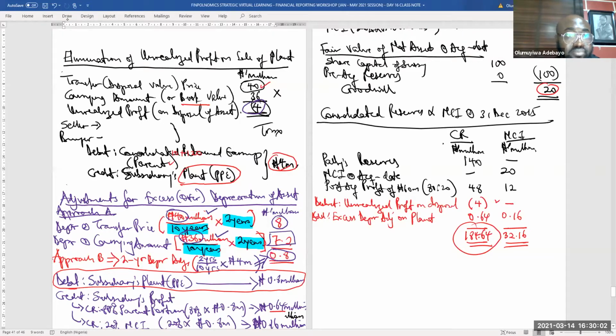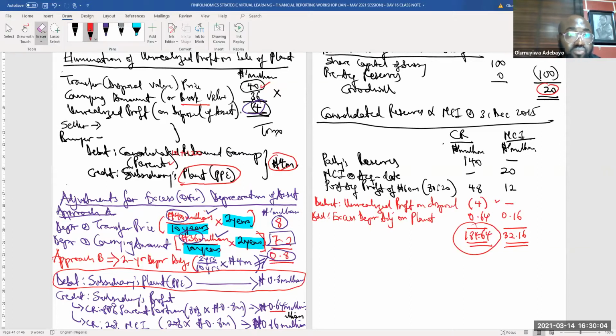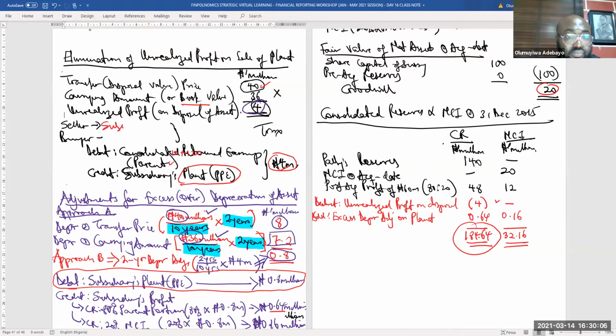Subsidiary is the seller, and the buyer is the parent, which is an upstream transaction.